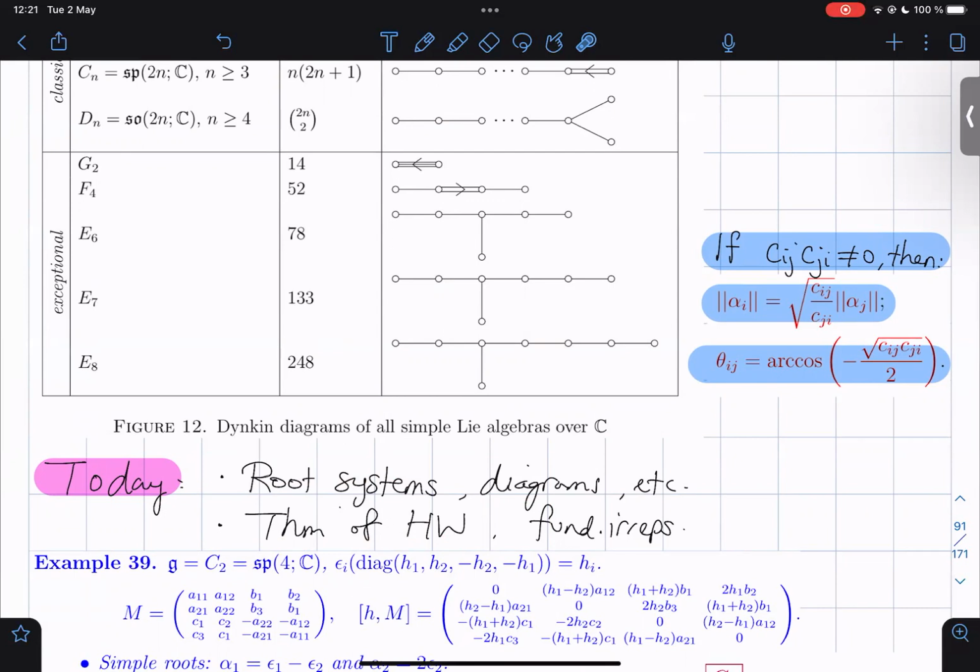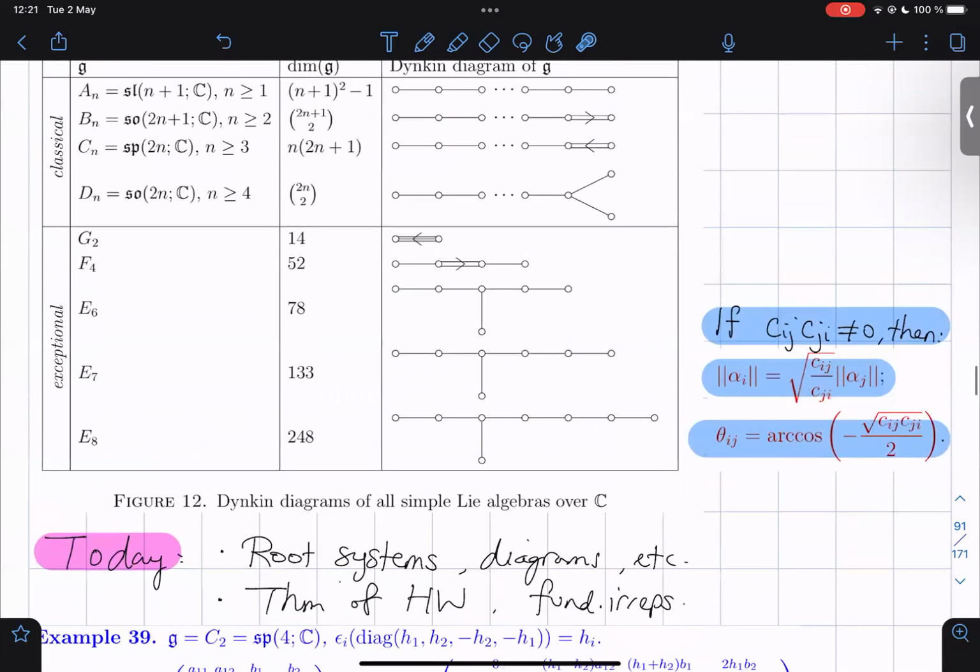I would just want to give you some examples of fundamental irreps more generally in these classical cases. Once you have these fundamental irreps, you could build up more general irreps using the same construction as we did for SL3, namely, you look in these higher tensor powers. So if you know the fundamental irreps, then constructing the more general irreps is derived from that.